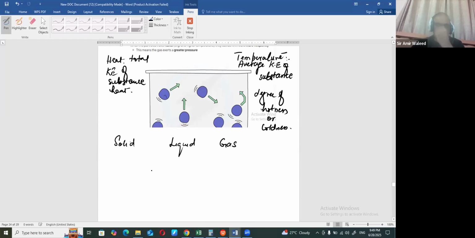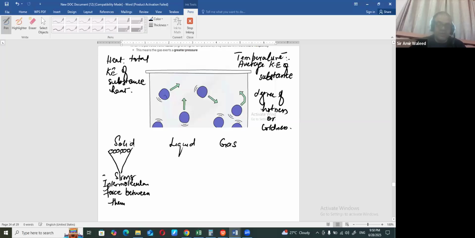Very important: when I say that particles are tightly packed or they have a regular pattern, I can say that there are intermolecular forces between them. Because they are very close to each other, they attract each other. There are strong forces between the solid particles. That's why they are attached together. So they have strong intermolecular forces between them.